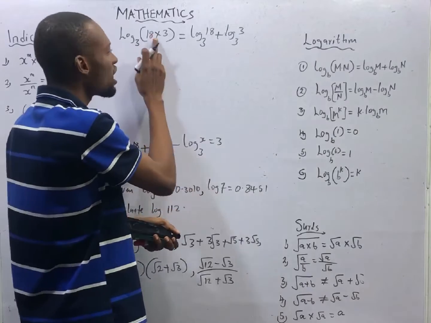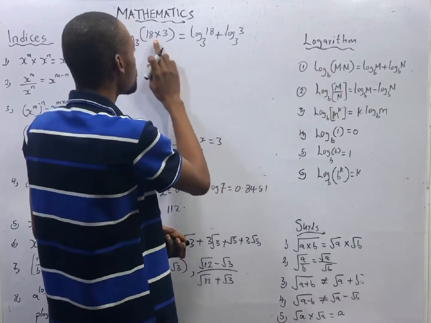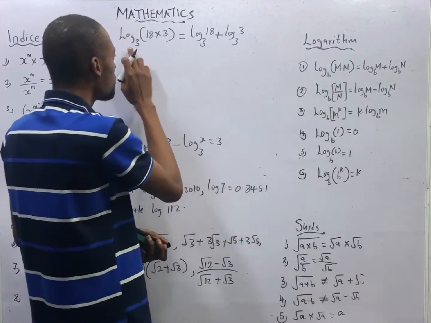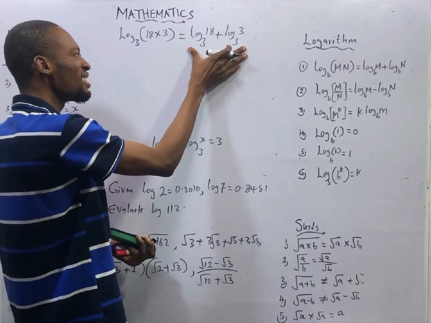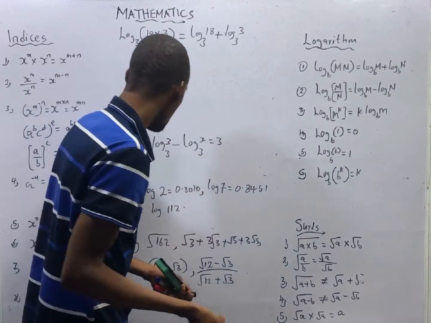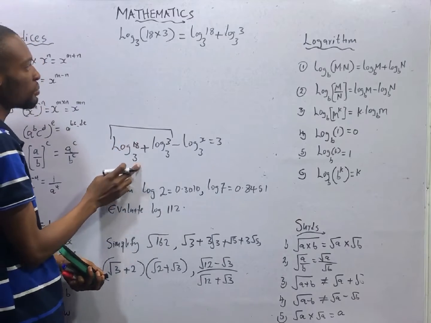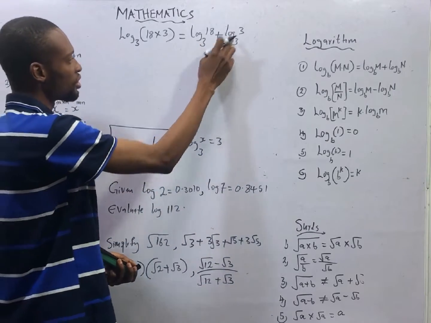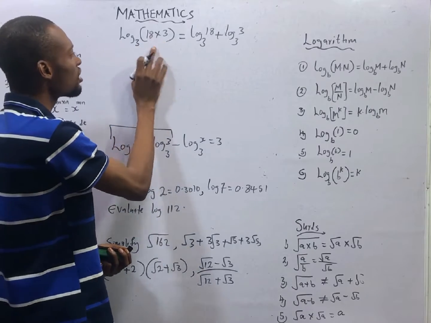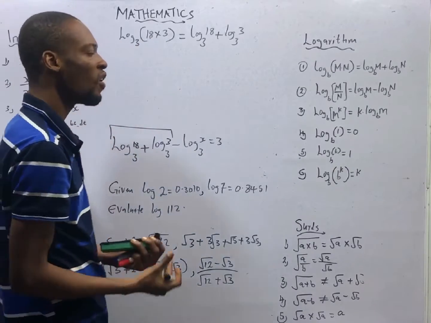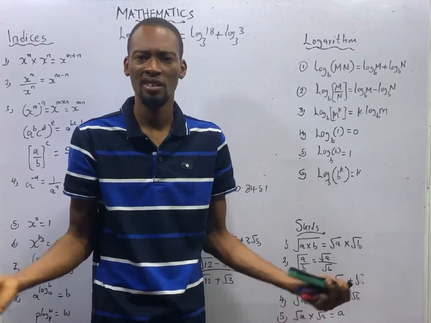So let m be 18, let n be 3, let base be 3. So logarithm says that if you have this, this is the same thing as this. It means if you have something like this, log 18 with base 3 plus log 3 to base 3, this is the same thing as log 18 times 3 to base 3 from the law of logarithm. I did not change anything. I just remembered the law.